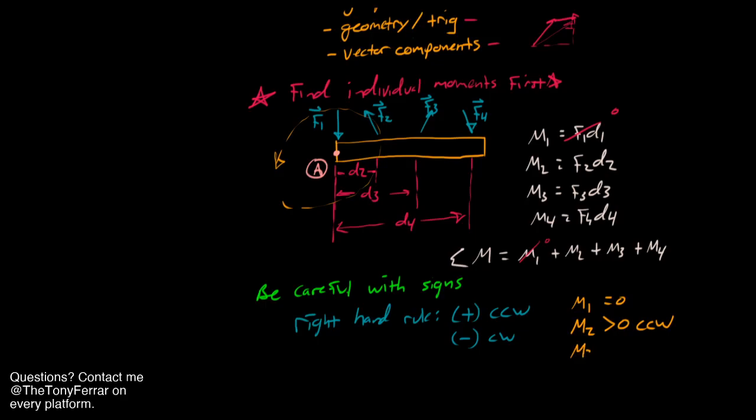M3, same story. Force 3 is trying to rotate us counterclockwise about location A, so that's also positive. But M4 is trying to rotate in the clockwise direction, so M4 is less than 0. It's negative, clockwise. So we need to correct our summation here.